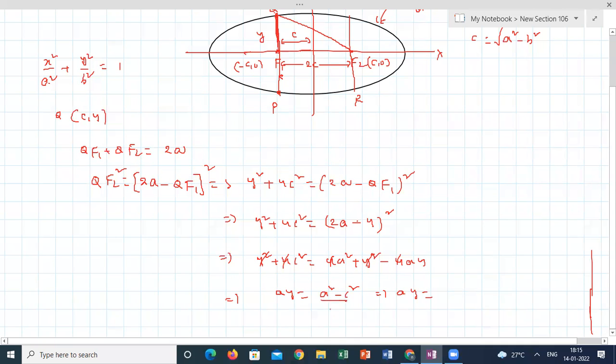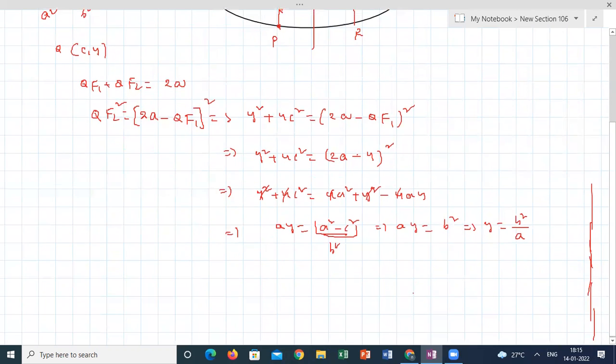A square minus c square is nothing but b square. So y is equal to b square by a.